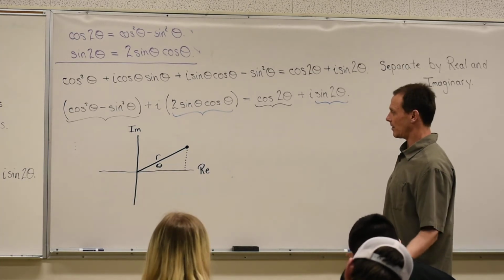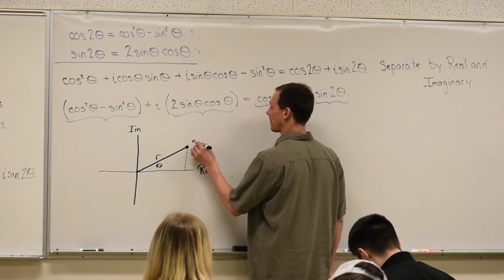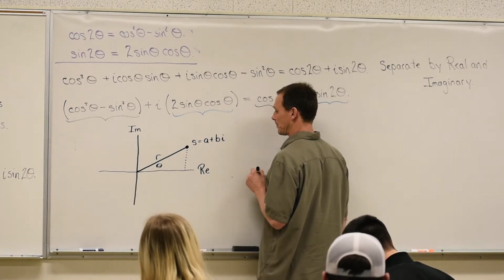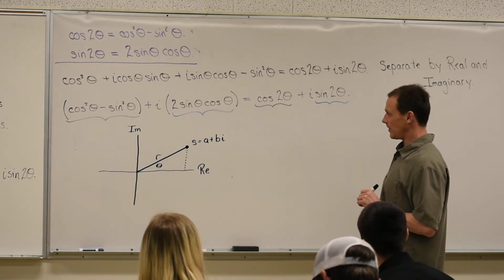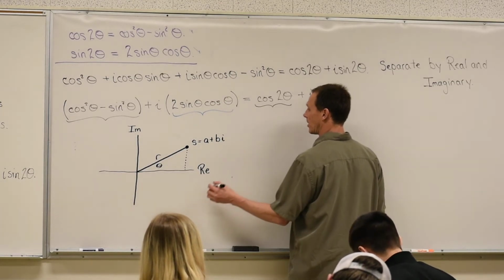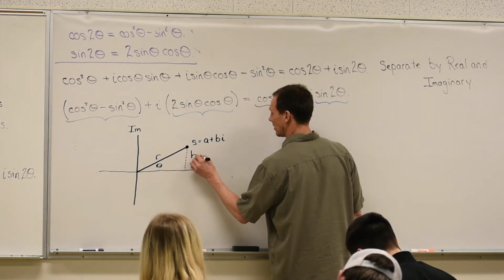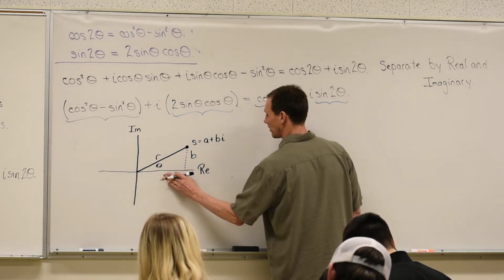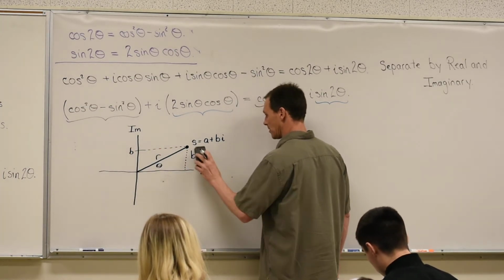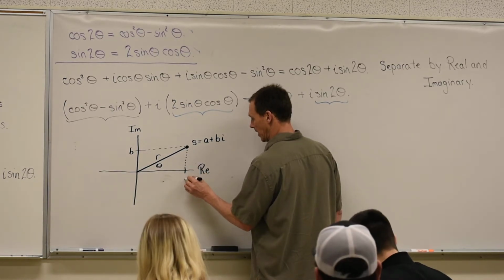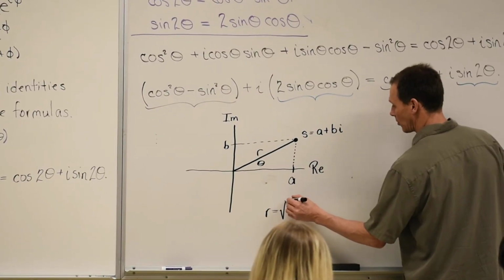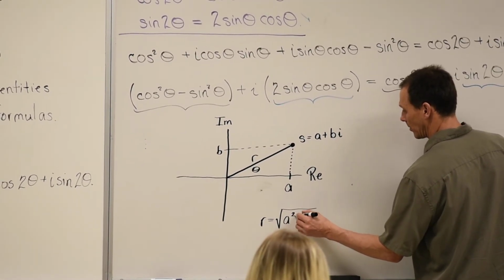And you could say that S is A plus B. So if that was S, what would R be? Here this would be B, and this would be A. And so if that's our picture, then R, lowercase r, is equal to the square root of A squared plus B squared.